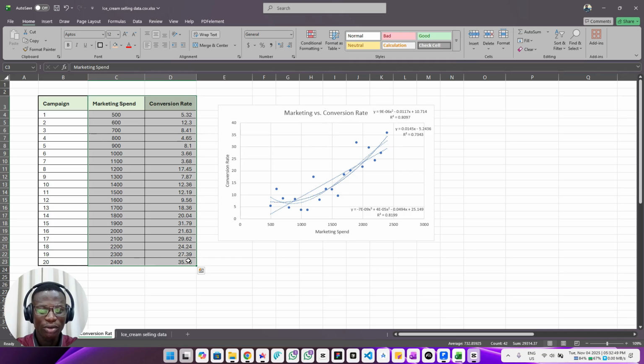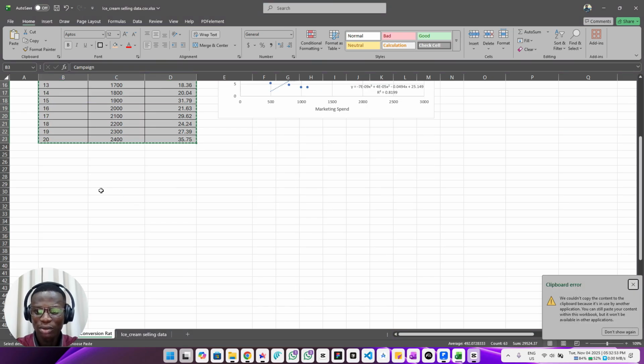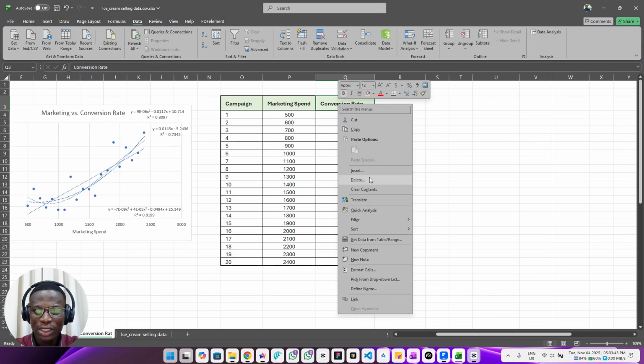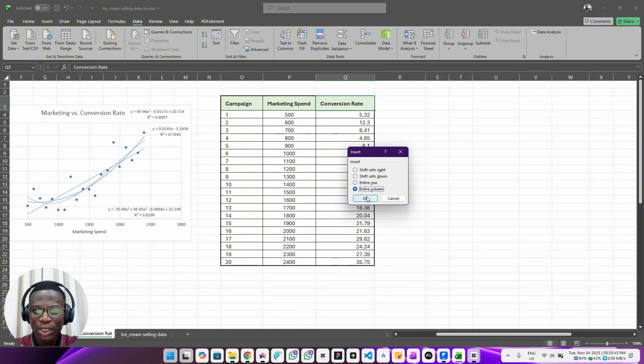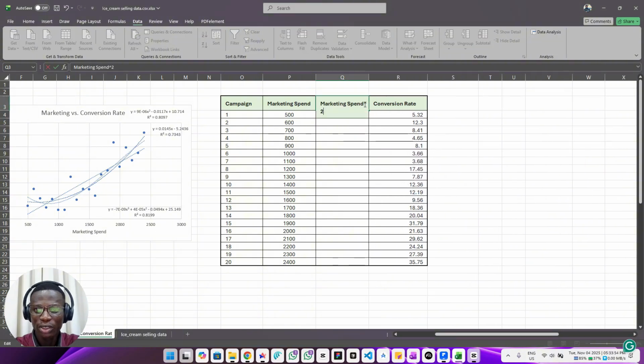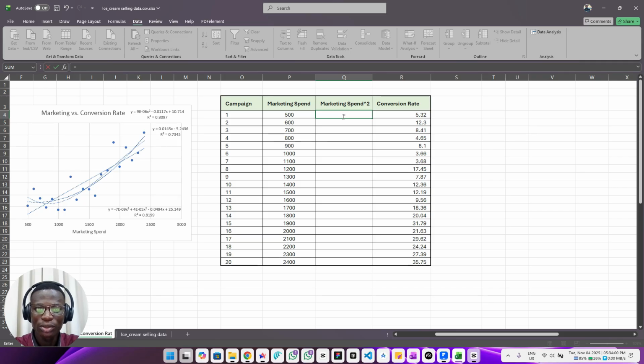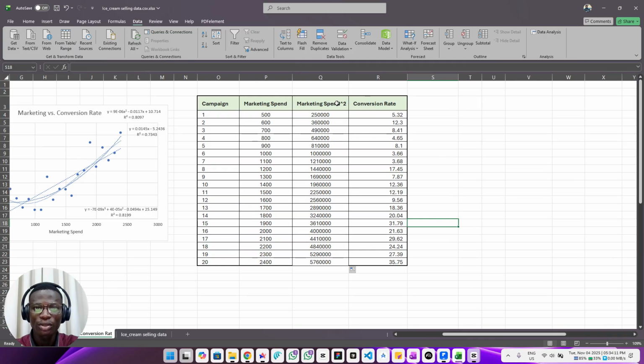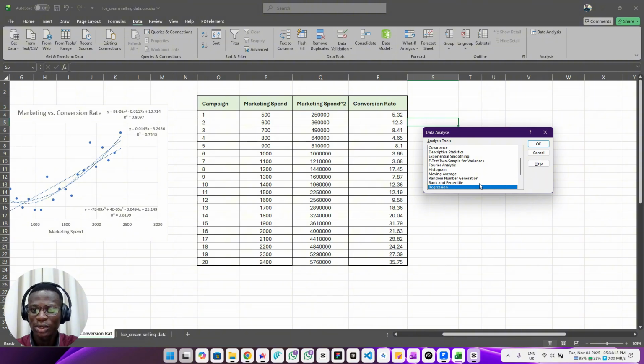Our data, so we can copy this data. Let's copy it and then paste it here. We set our R square. So set a column, R square. So this is equal to this raised to the power of 2. Okay, so now we can go back and then do it again. Data analysis, regression.